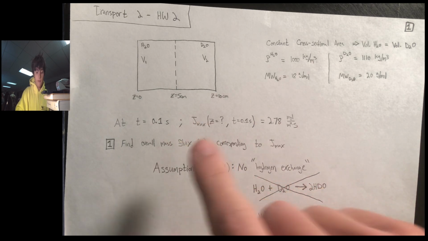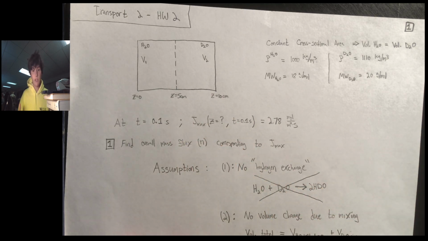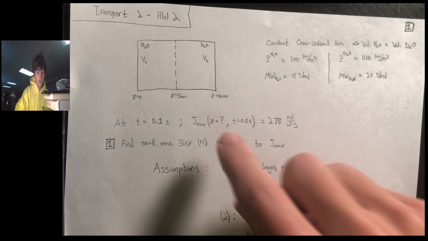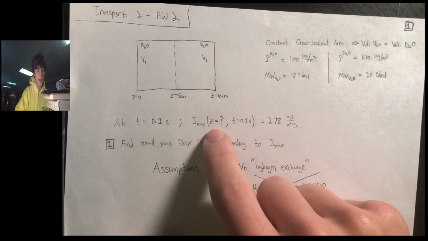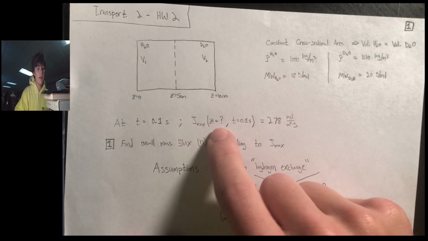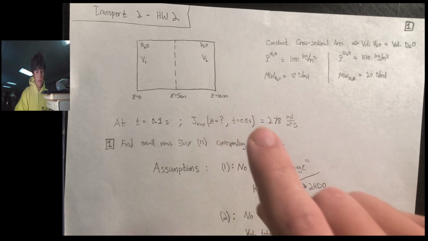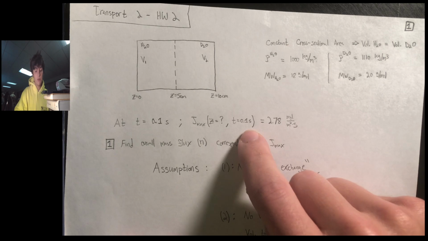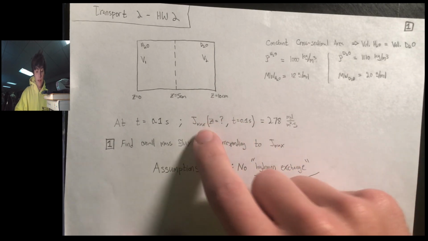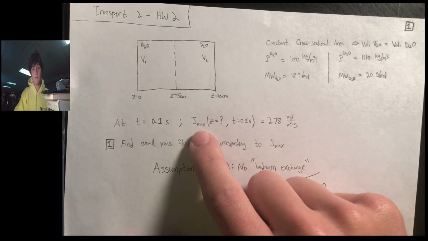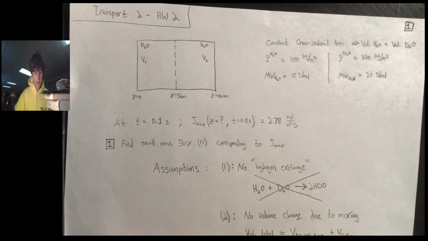So we have functions not only of position but also of time. We don't know the z component yet, but we know that time is 0.1 seconds, and that's the maximum molar diffusive flux, 2.78.